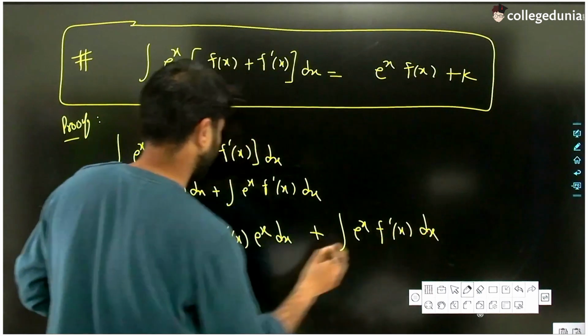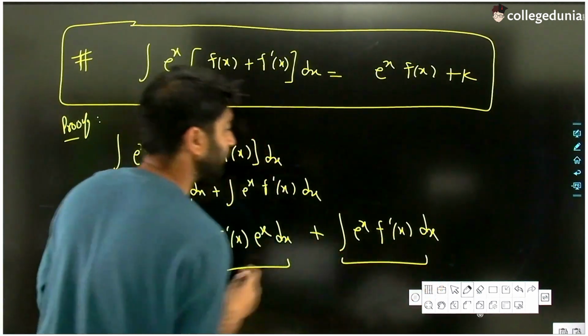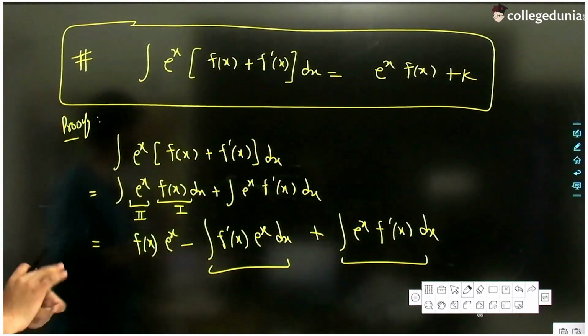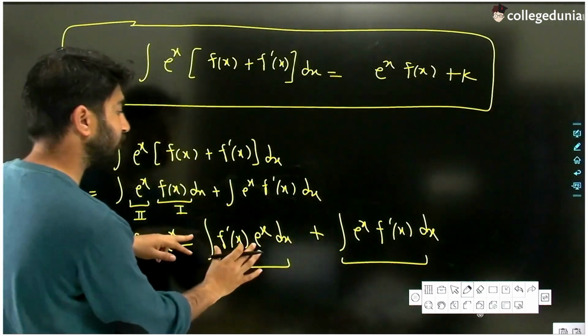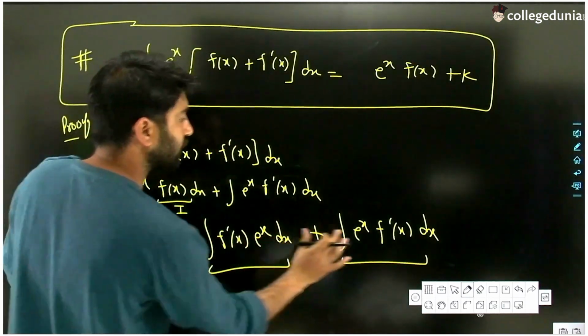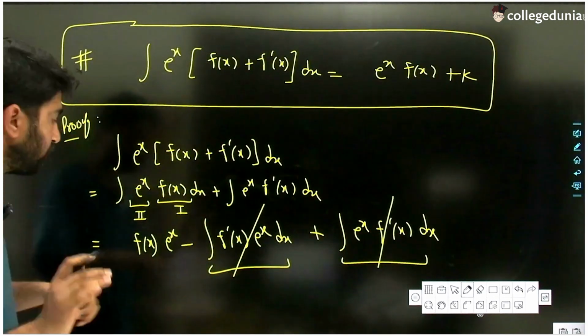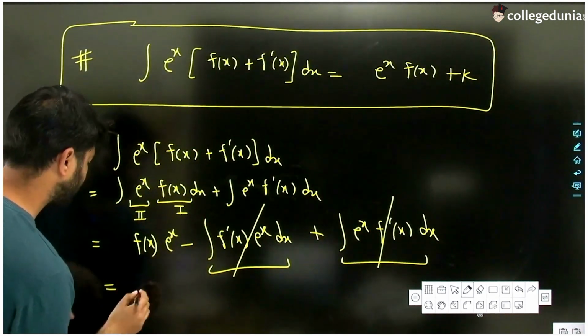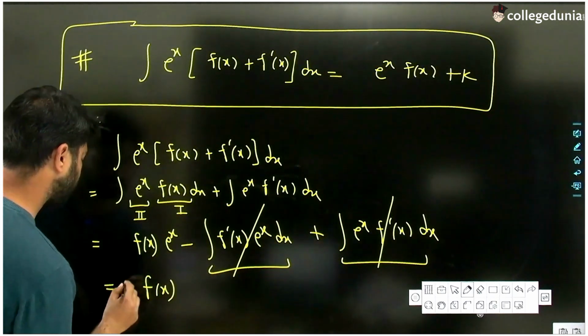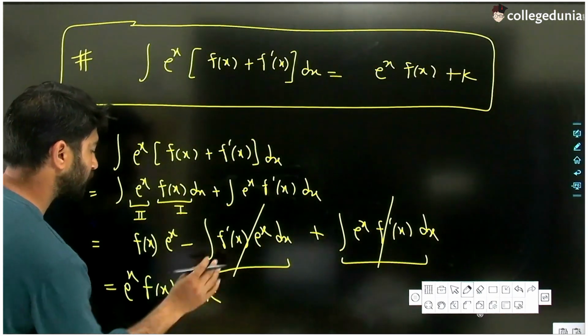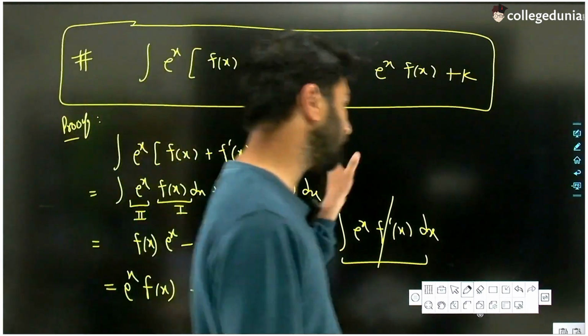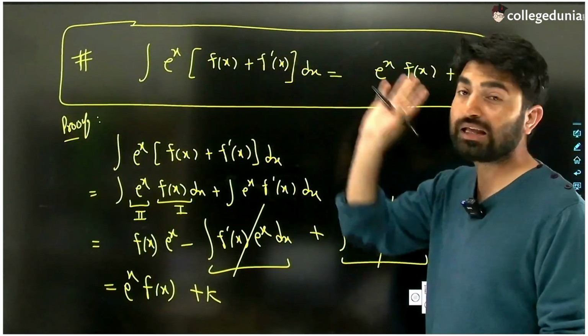So you can see these two terms are the same but in opposite sign. This has a negative sign and this has a positive sign. So these two terms will be cancelled out and we will be left with f(x) into e^x plus k. So guys, this is how this formula is derived.